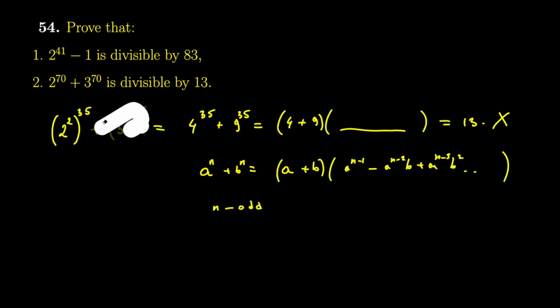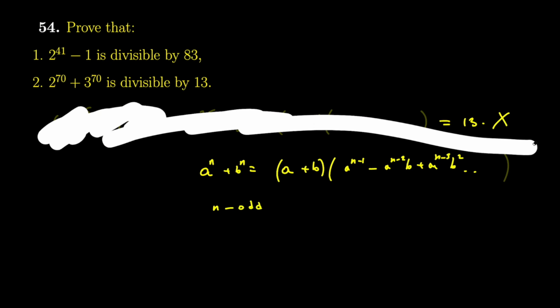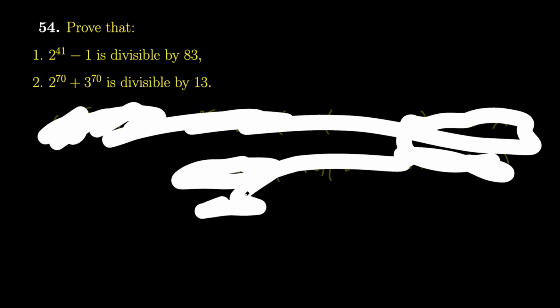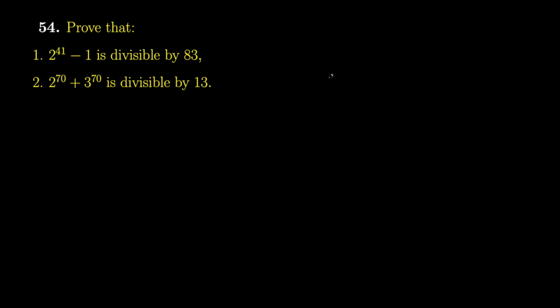Now let's move to the first one. 83 is a prime number, and this looks like a part of Fermat's theorem. Since 83 is prime, using Fermat's theorem, 2 to the power 82 minus 1 is divisible by 83.